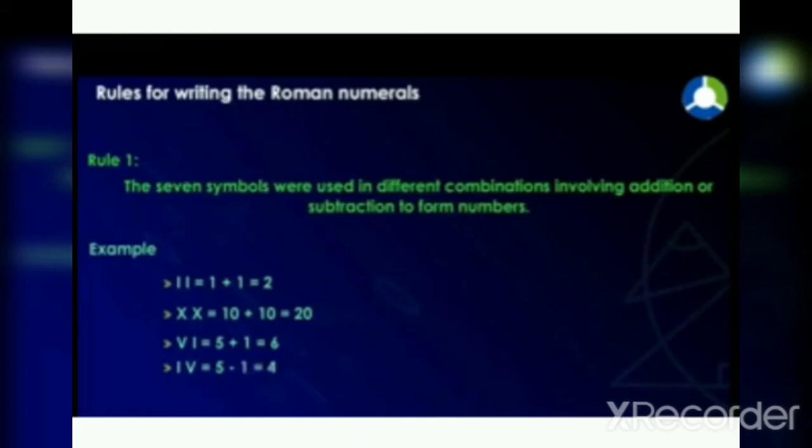So the Roman numeral equivalent to 2 is II. Similarly, 20 is equal to 10 plus 10 and X stands for 10. So XX is the symbol for 20 in Roman numerals.